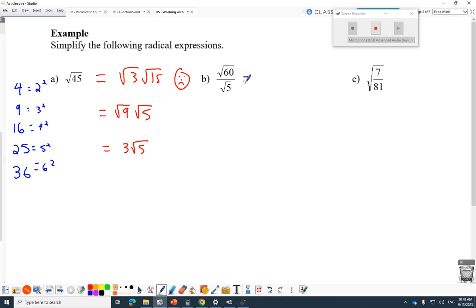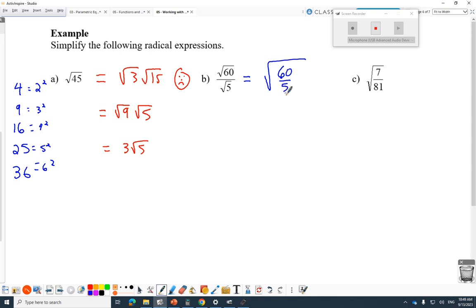Root 60 over root 5. This is tough because now this question asks you to do something totally different. It doesn't ask you to do what I did over there. It says root 60 over root 5. I can combine those using the new radical property I have. I could make this into root 60 over 5.